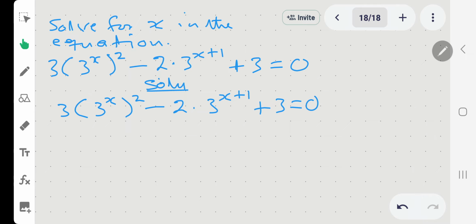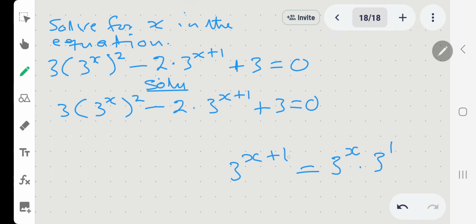So here 3 raised to the power x plus 1 can be seen as 3 raised to the power x multiplied by 3 raised to the power 1, based on the basic law of indices. When we have similar base and there's a multiplication sign, then we need to add the exponential terms. That is why we see it in this form.